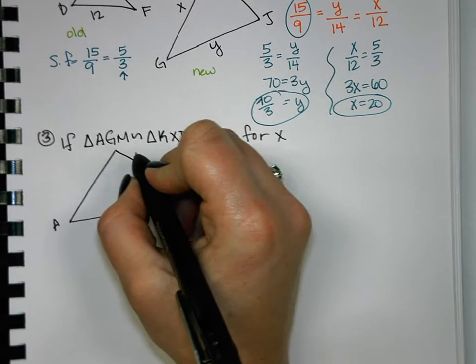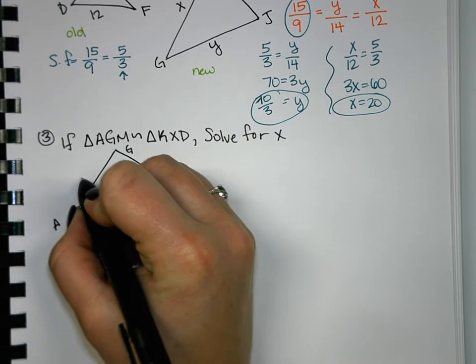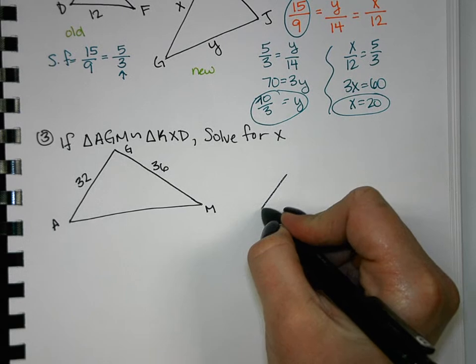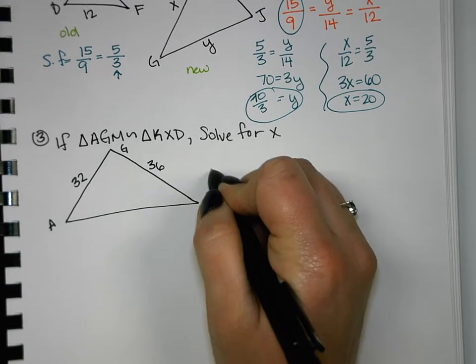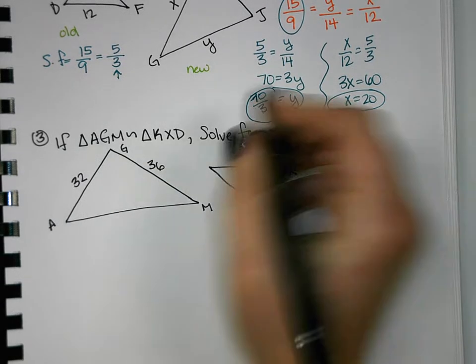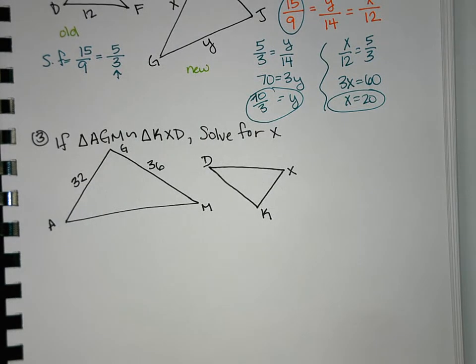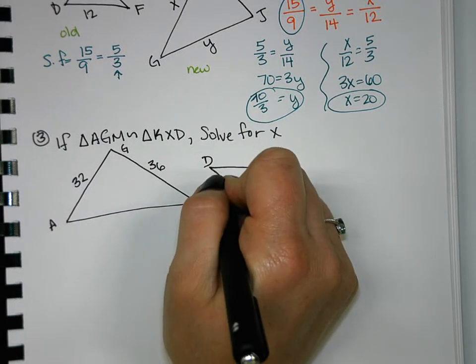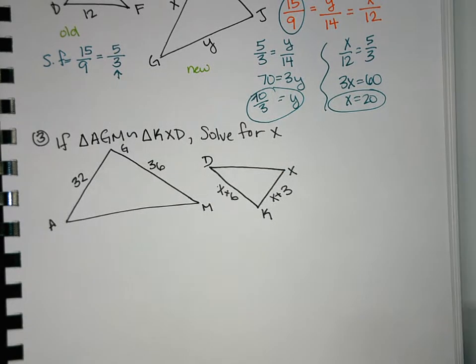AGM, this side's 32, this side is 36. It's supposed to be this one has x plus 6.